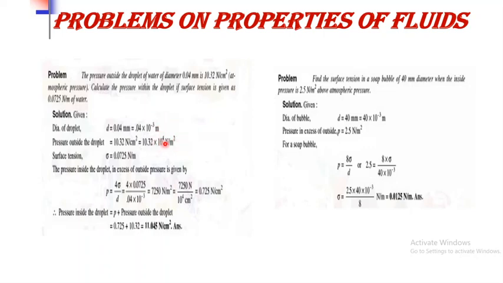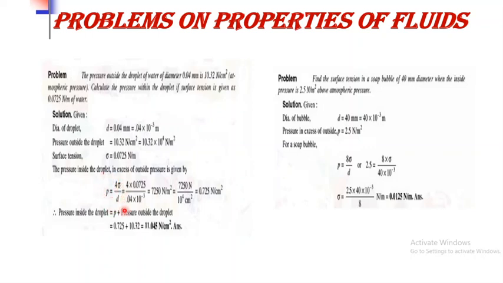So in the numerator, that becomes 10 raised to 4. So 10.32 into 10 raised to 4 Newton per meter square, that is the outside pressure. And the surface tension, that is the tensile force per unit length, is 0.0725 Newton per meter.